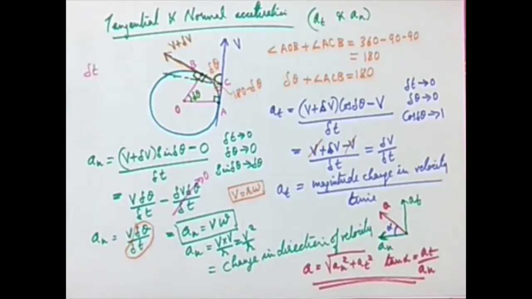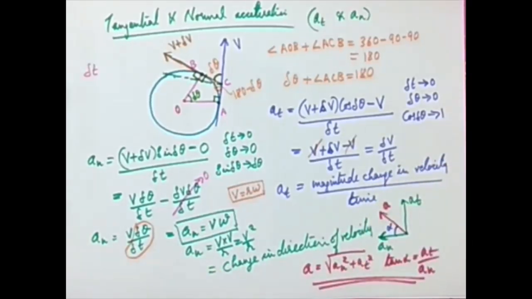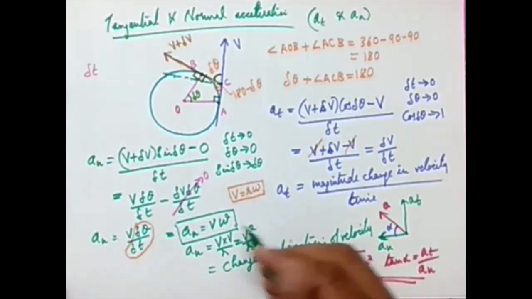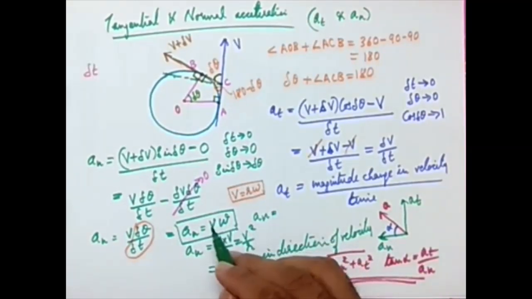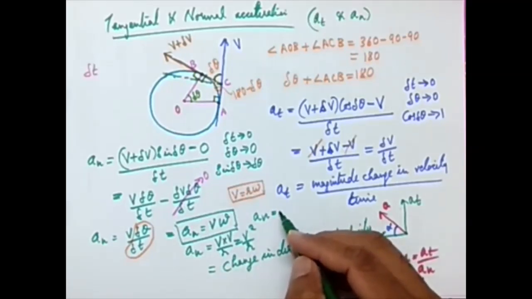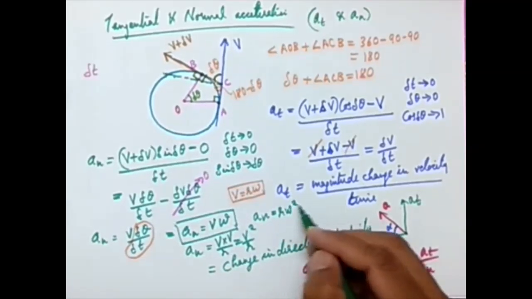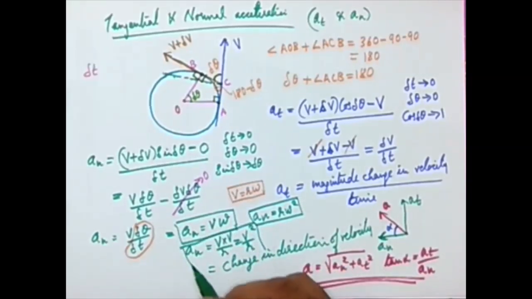So at is given by delta v by delta t, and an is given by v omega or v square by r, or what is the other expression we can write from here? If I am substituting an in terms of omega, v equal to r omega, so I can get it as r omega square. These are all expressions for an. Any expression can be used according to the need.